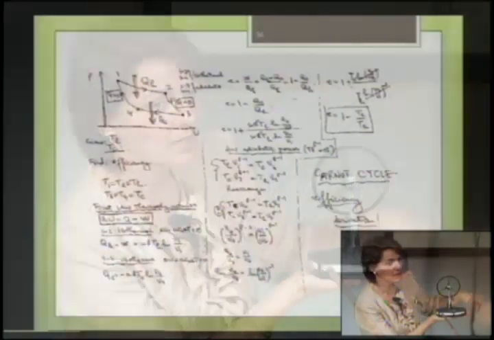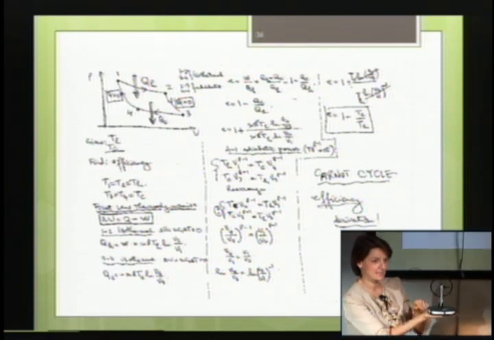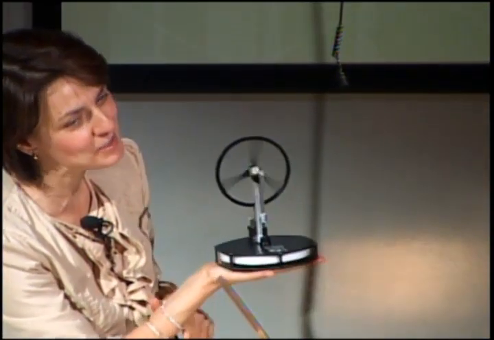The piston is doing what? Work. Based upon what? The difference in, I have two reservoirs. What are the two reservoirs? One is named with C and the other one with H. Hot and cold, right?